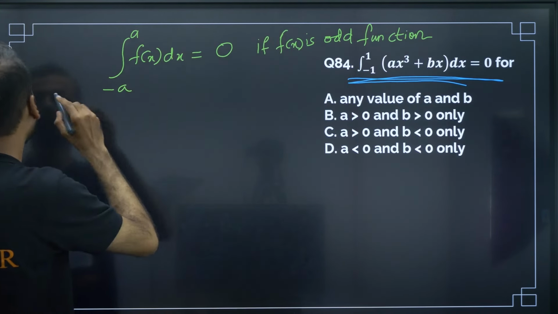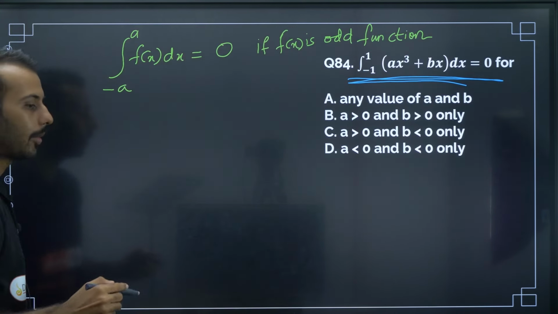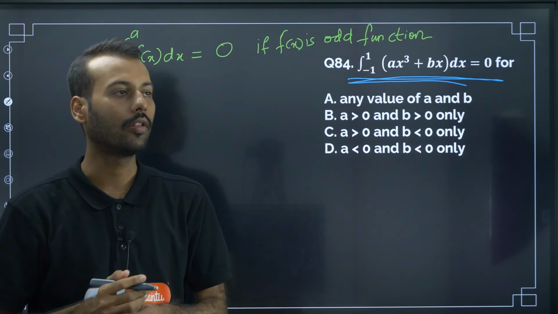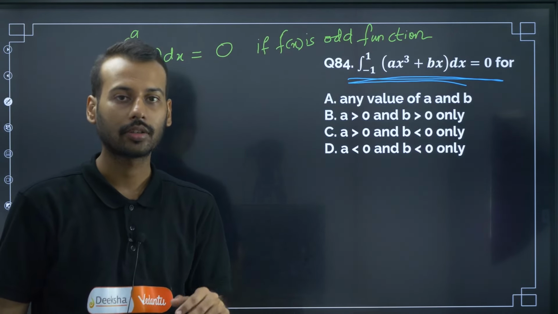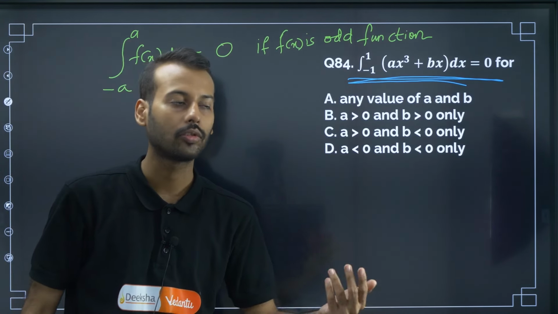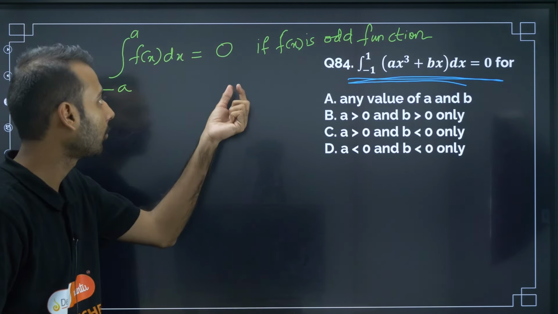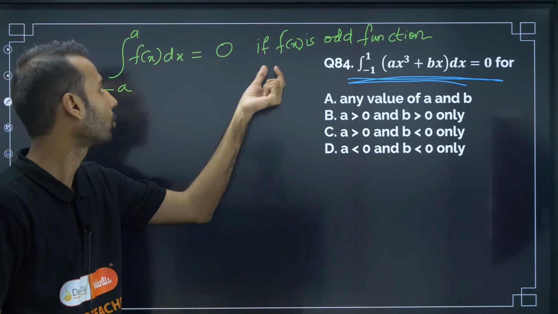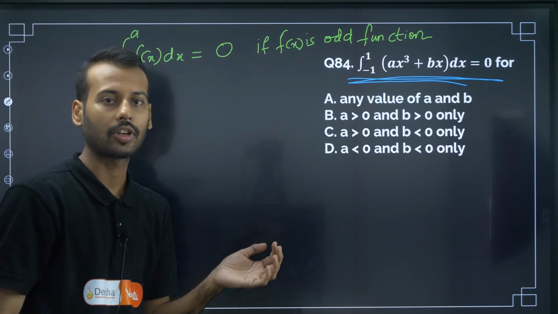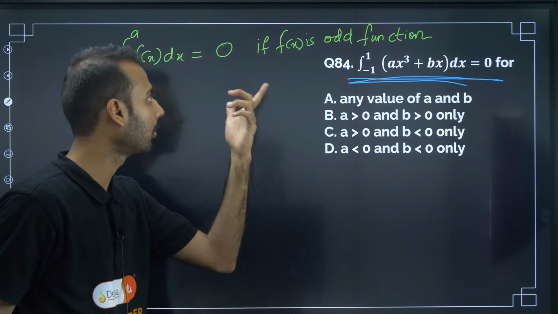Properties of definite integral. Every time I say please go through the properties whenever we are solving any chapter. Suppose we are solving determinants, we have to know all the properties of determinants. Suppose we are solving matrices problems, you should know all the properties of matrices. Suppose we are solving definite integral problems, you should know all the properties. Make one paper and write all the properties, because with the properties only problems will be solved.